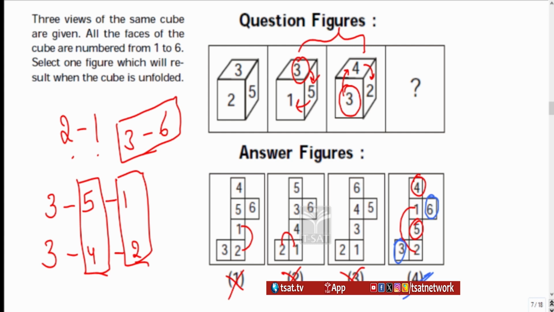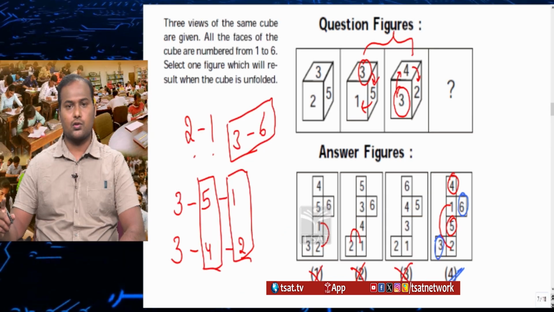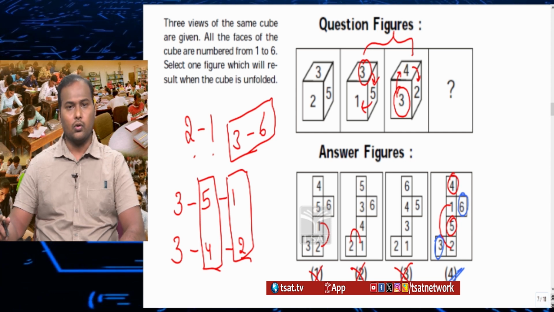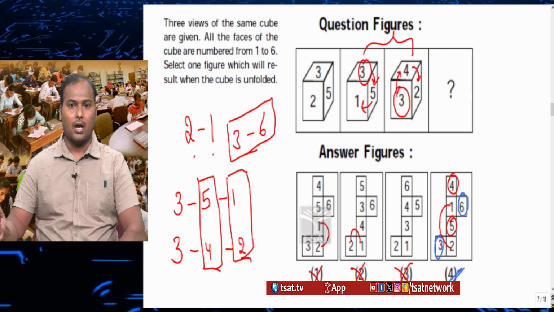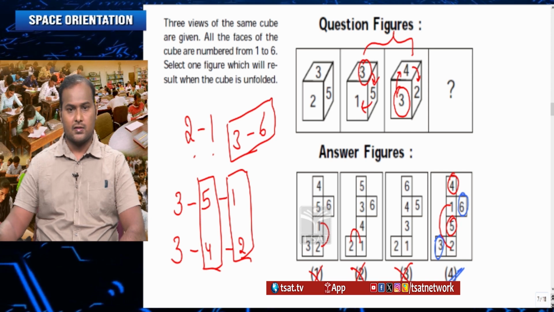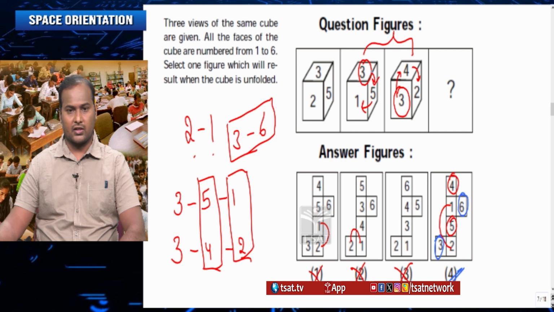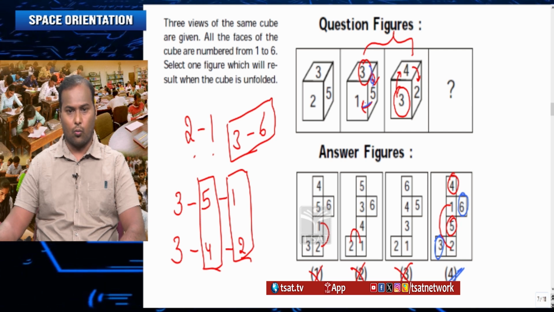So whenever you get this kind of question, first you have to check for the common between the cubes. If there are 2 common, the remaining faces are opposite. If it is 1 common in both the cubes, from the common you move either in the clockwise or anti-clockwise direction. Here, from the common 3, if I move in the clockwise direction, I got 5 and 1.